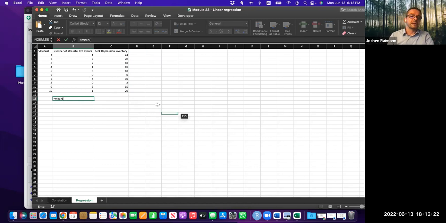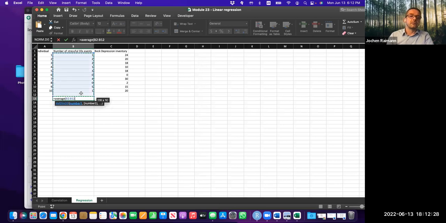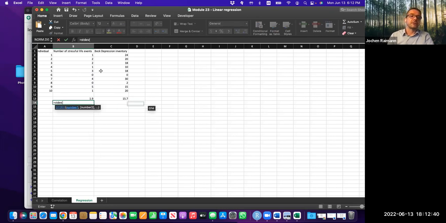So we now compute the mean, the average of this, the average of this, and the standard deviation of this, and of this.